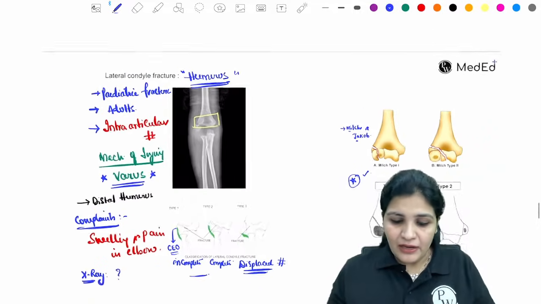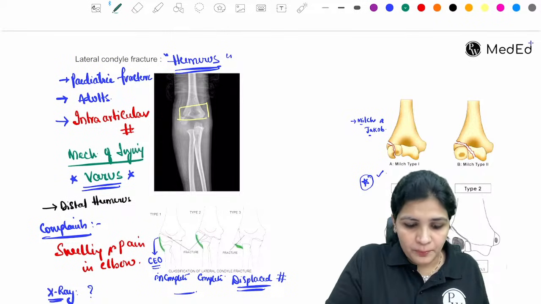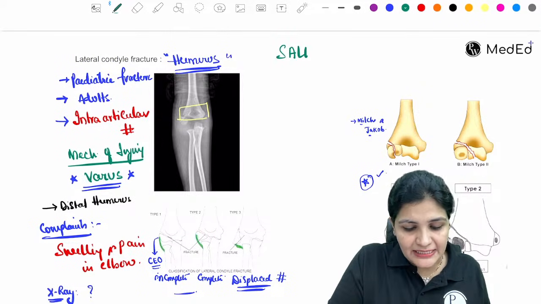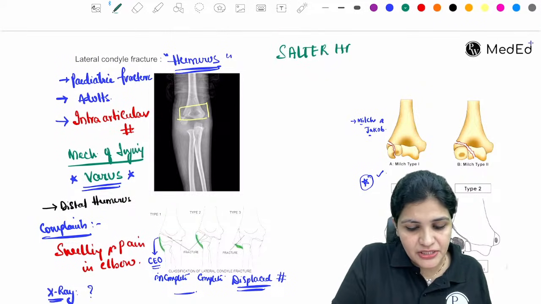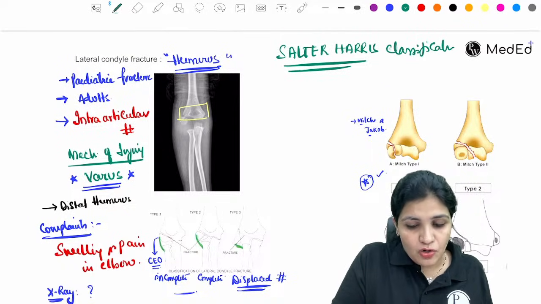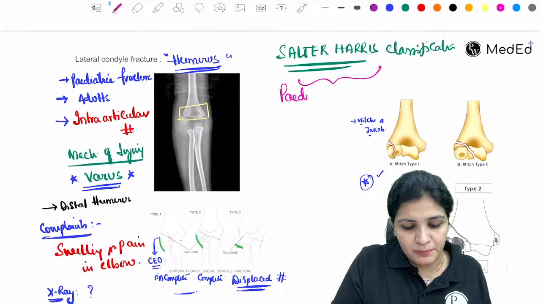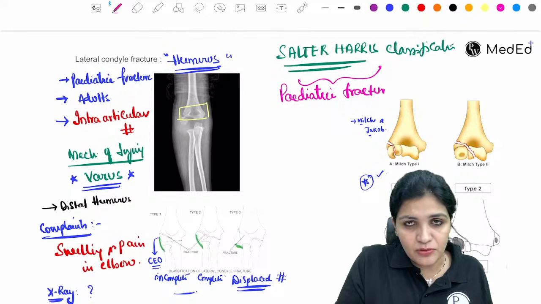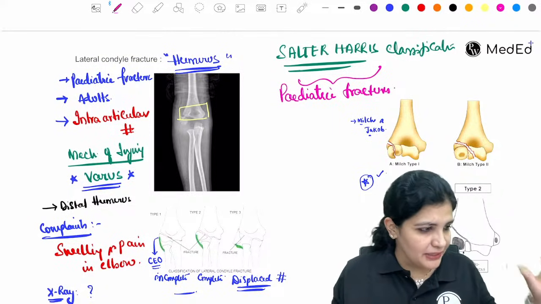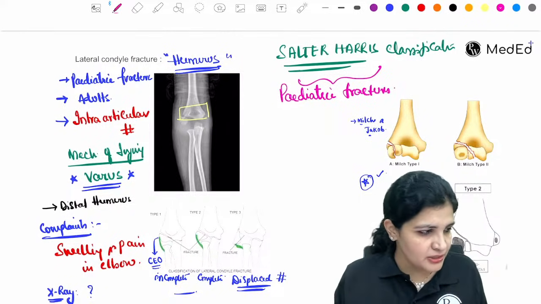Now tell me, are you aware of the Salter-Harris classification? Guys, are you aware of the Salter-Harris classification? Whenever we are discussing pediatric fractures, this could be a potential MCQ for your exams. Can somebody name the Salter-Harris classification?